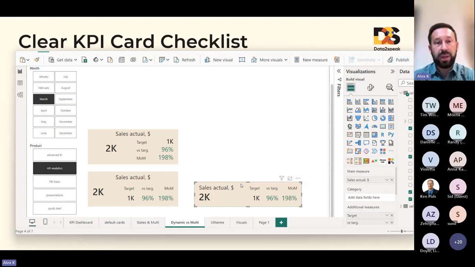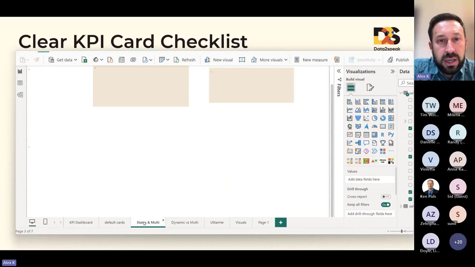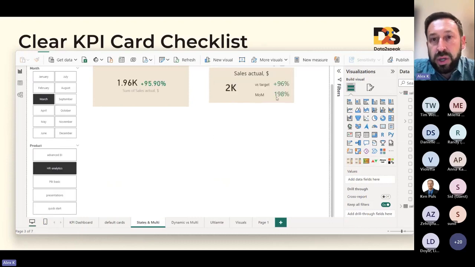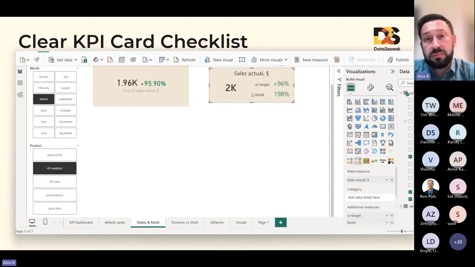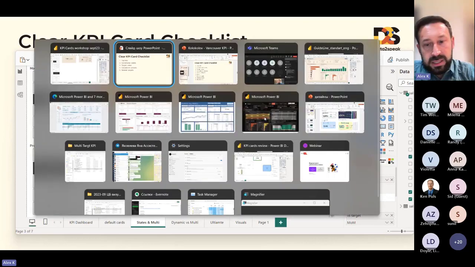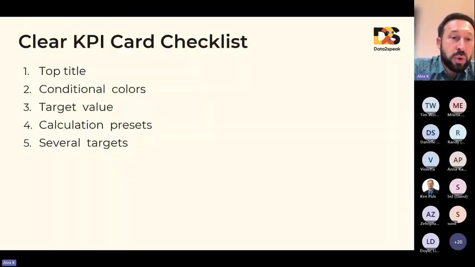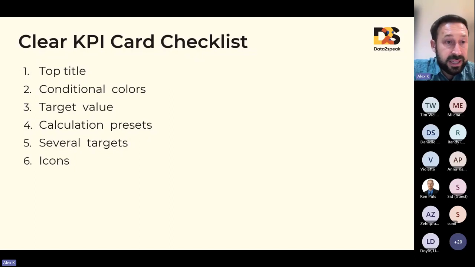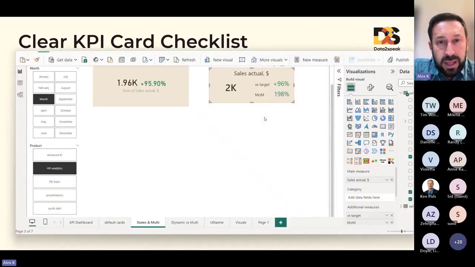So it's maximum 3, but usually the best practice is to have just 2 indicators. We compare, for example, to target, or to any other baseline. That's the next point, several targets, 2 or 3. And the next point is icons, and that's what we have, arrows or bubbles for this dynamic card.